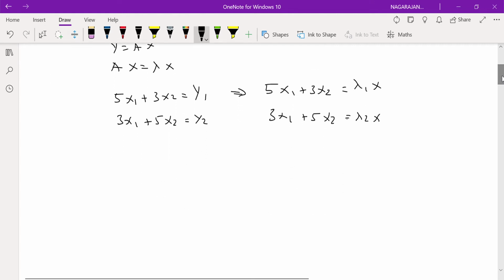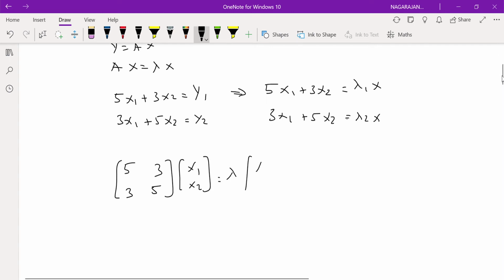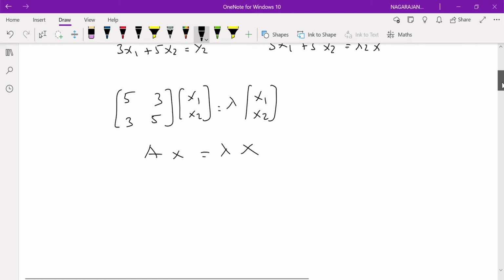So we can form the matrix 5, 3, 3, 5 times x1, x2 equal to lambda times x1, x2. So the form is Ax equal to lambda x. Then lambda is the eigenvalue, x is the eigenvector.